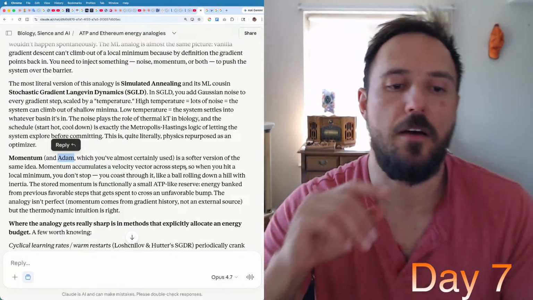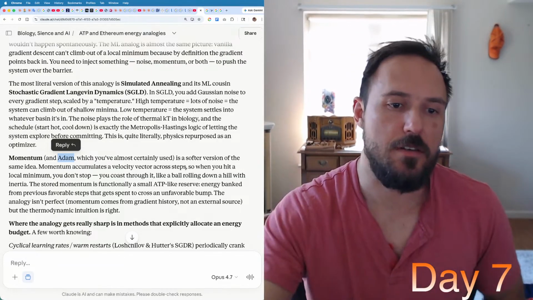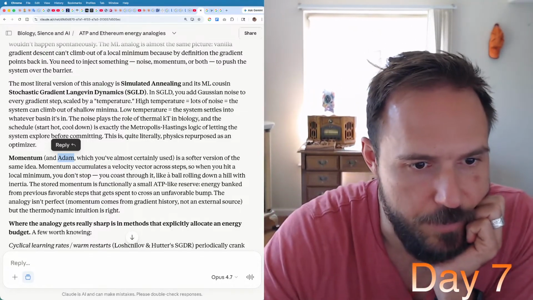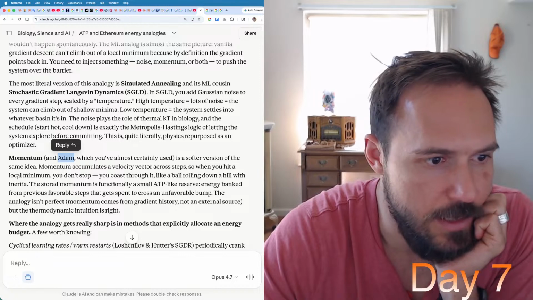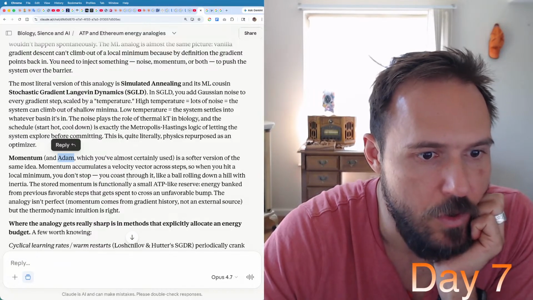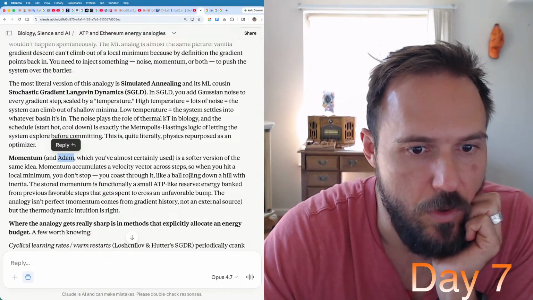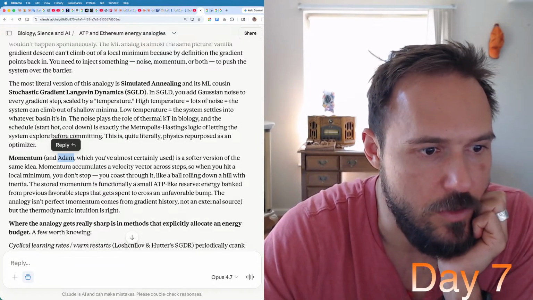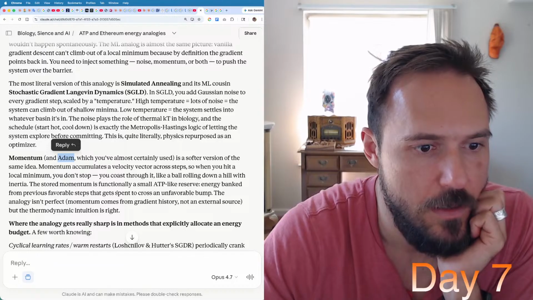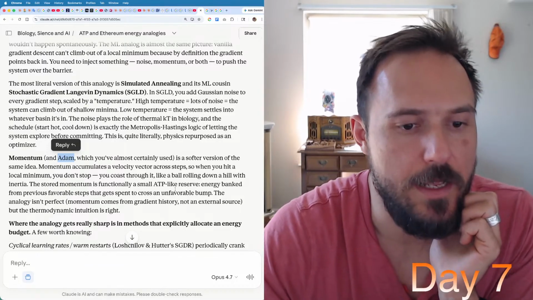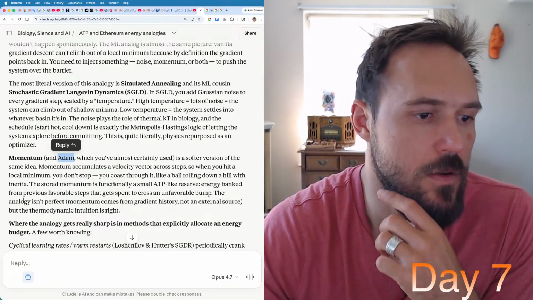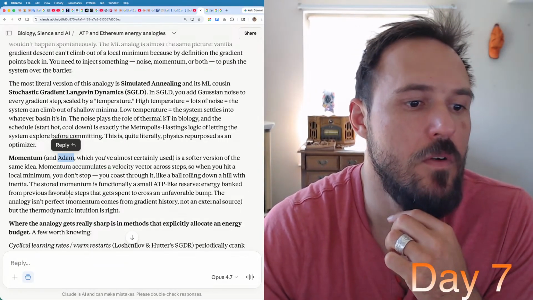Oh yeah, you basically decrease or increase the step. So when you hit a local minimum, you don't stop, you coast through it like a ball rolling down a hill with inertia. The stored momentum is functionally a small ATP-like reserve, energy banked from previous favorable steps.